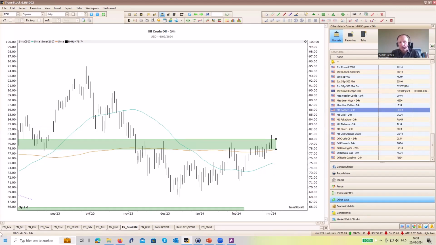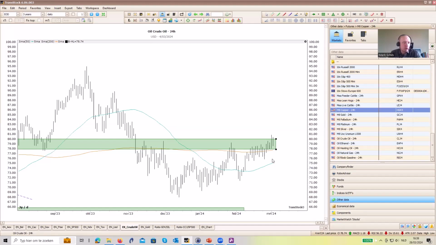We see that the 200 days is moving horizontally. That means on a longer time frame, there's really not a great movement, not upwards, not downwards. On a smaller time frame, the 50-day moving average is moving a little bit upwards.